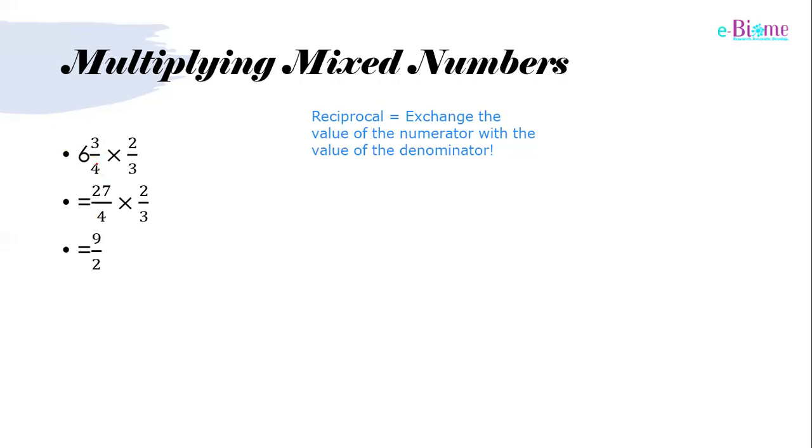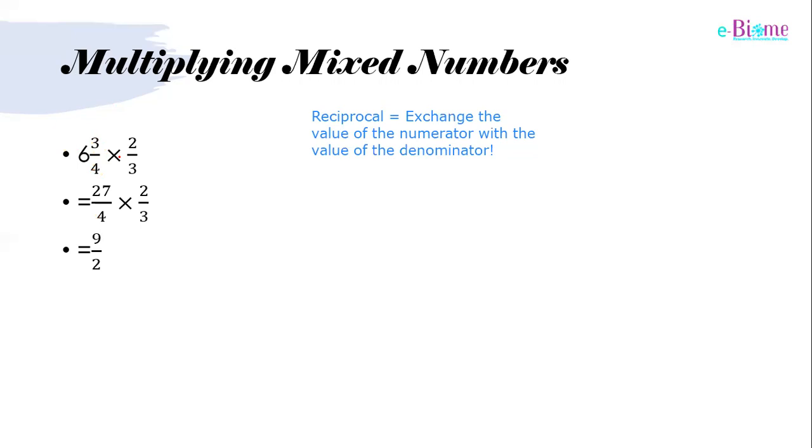And then we practice. Practice makes perfect. And so we'd have the denominator be multiplied by the whole number, get 24. Then we add the numerator, which gives us 27 divided by 4.